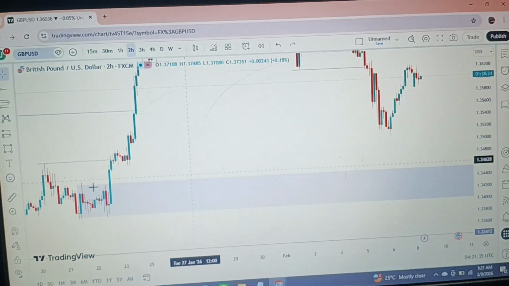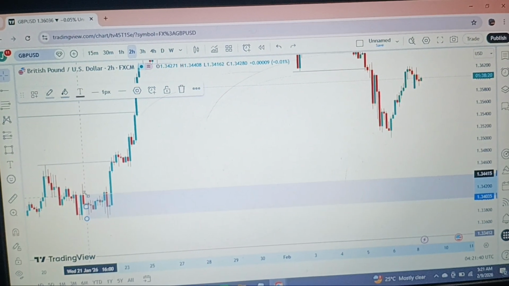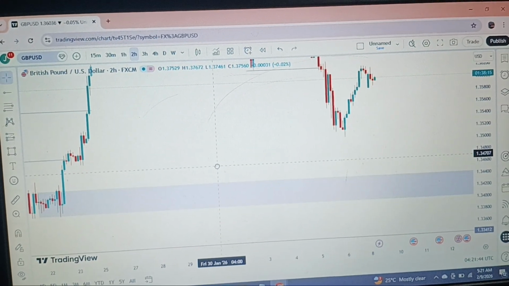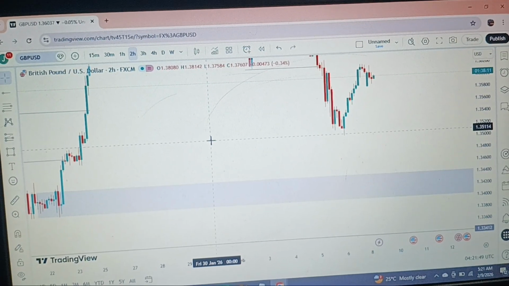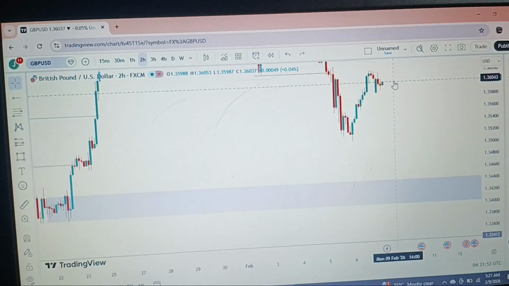Our level of demand, I think, is still okay. Yeah, this was the demand level that pushed the market to the upside.